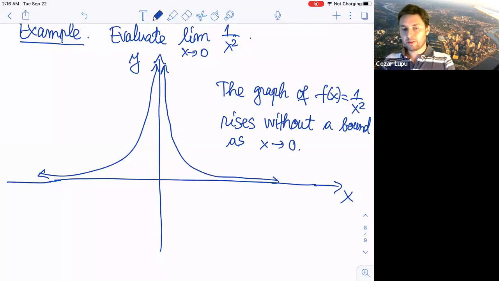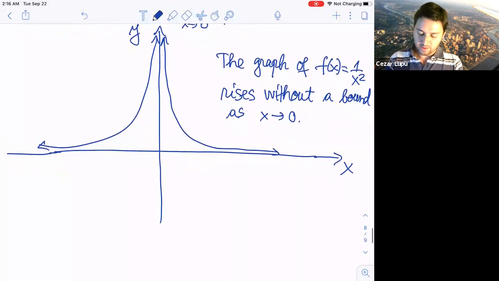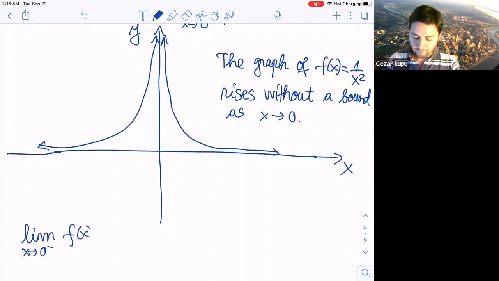Well, let's see. But you see here, it's coming from the left and also from the right. So let's write this down. We will have that the limit as x approaches 0 from the left of f of x will be infinity.